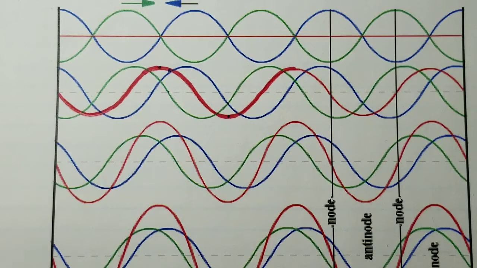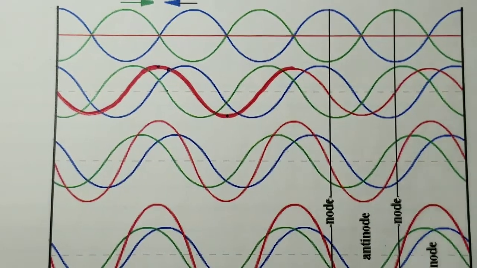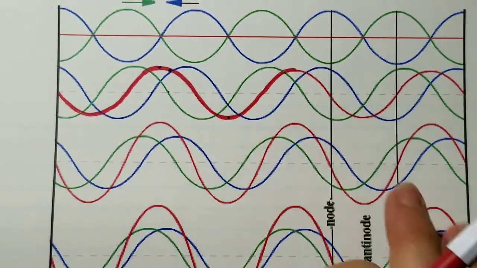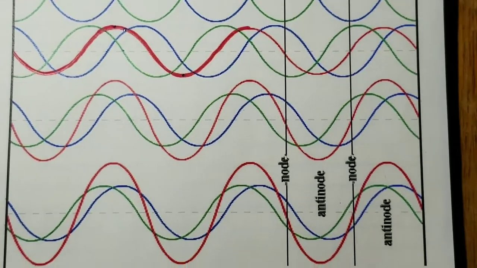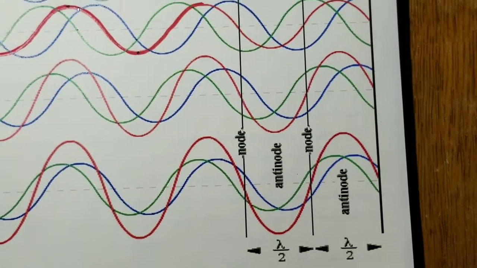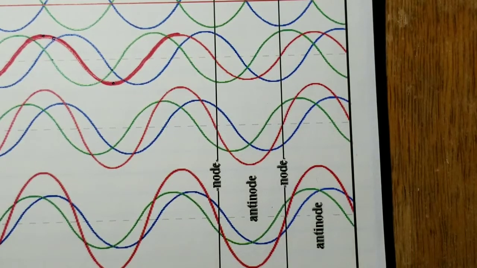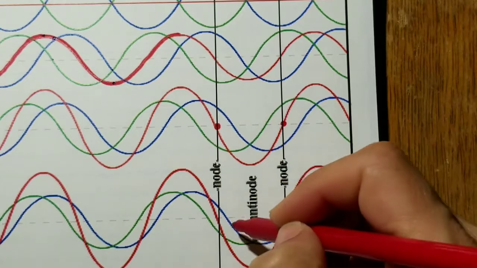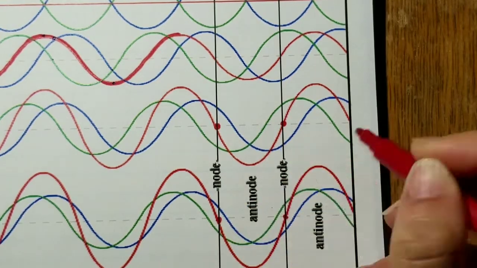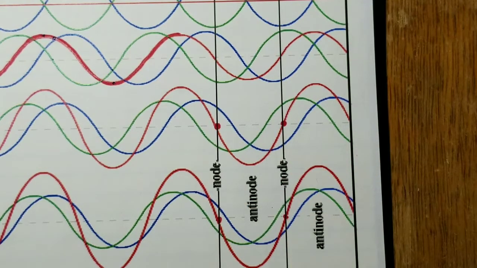So how do we draw a standing wave? Because we do not see these individual waves is what I want to concentrate on that I could not show you in the video. But I'll also point out that here, like I pointed out in the video, there are nodes. There are points that do not ever move. And what's important to notice is the distance between nodes is half a wavelength, or distance between even antinodes.